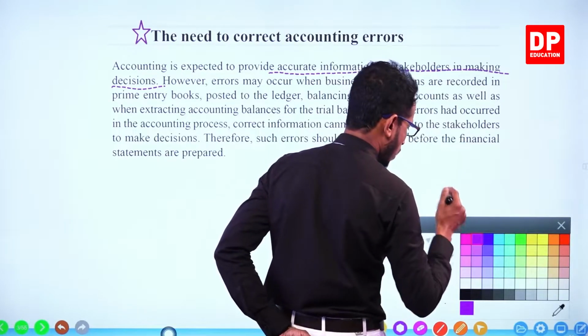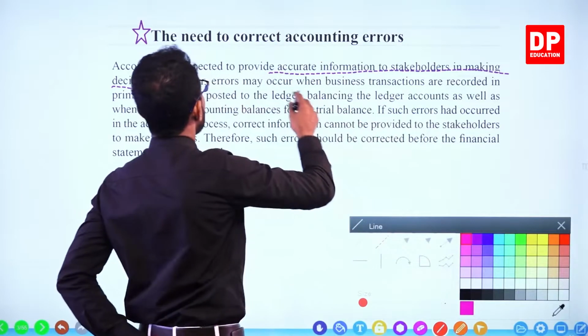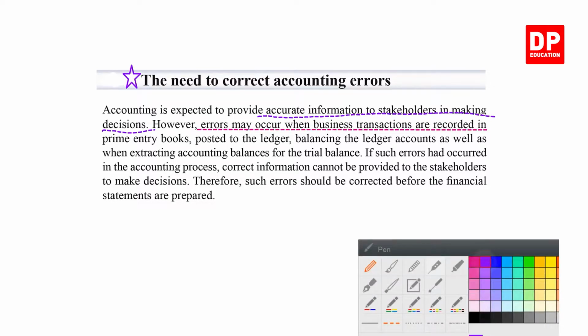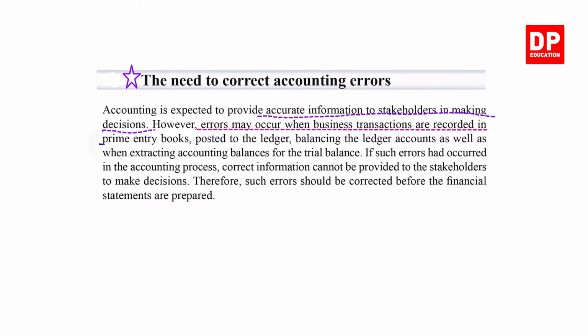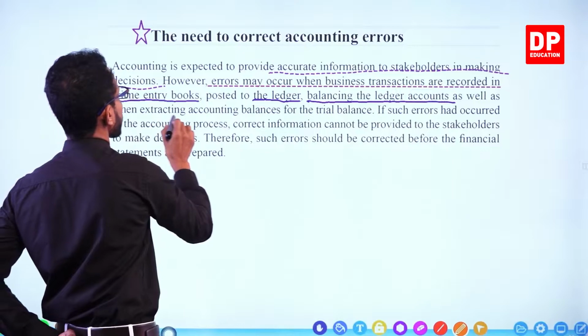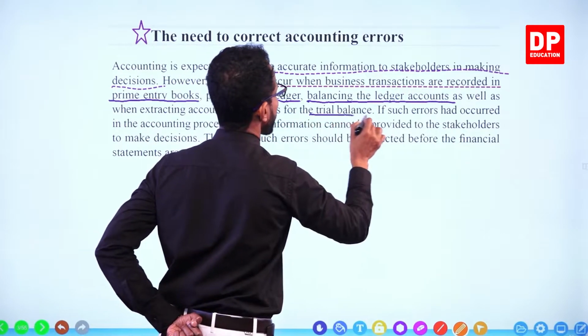All right. Let's see now. Errors may occur when business transactions are recorded in prime entry books, ledgers, balancing the ledgers, as well as the trial balance.